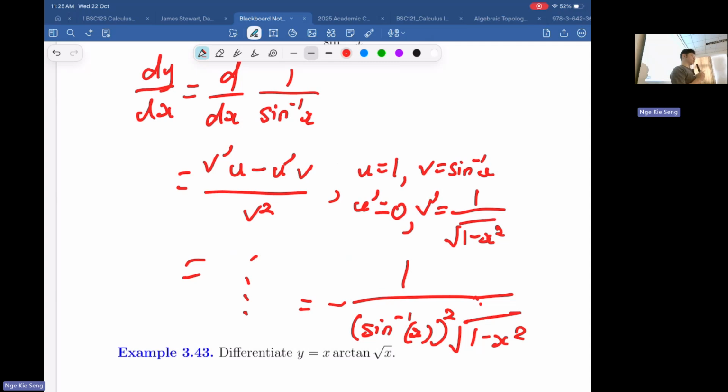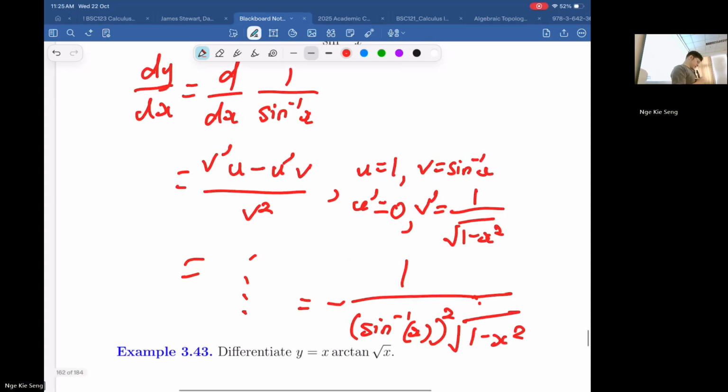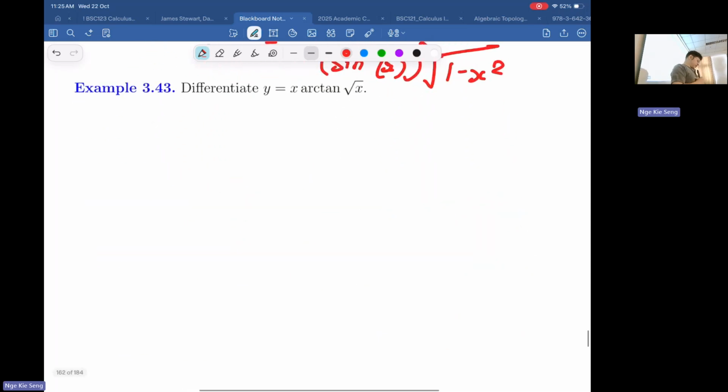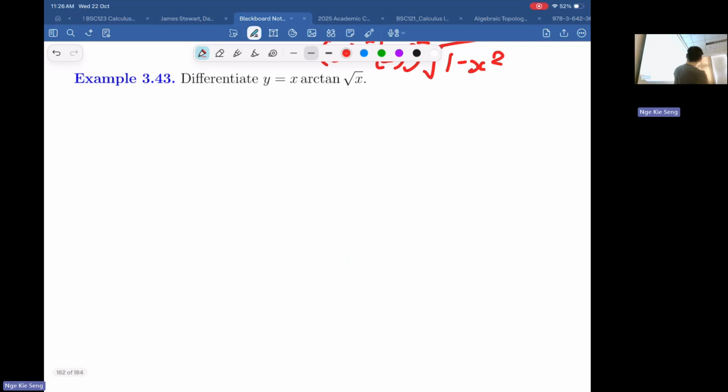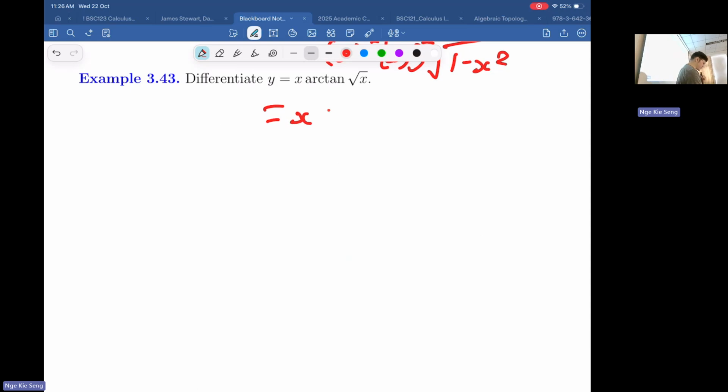Very straightforward, because this is just applying the formula sheet. The hard part actually is to derive it, but I don't think we will do that in this class. Next, differentiate y equals x times arctangent of square root x, so tangent inverse. In this case, what rule should you use?